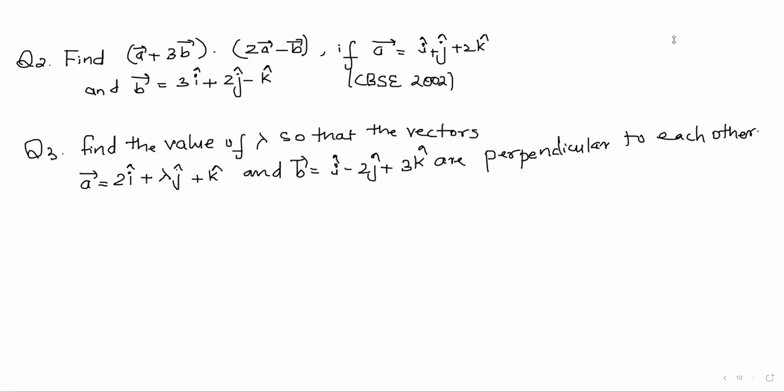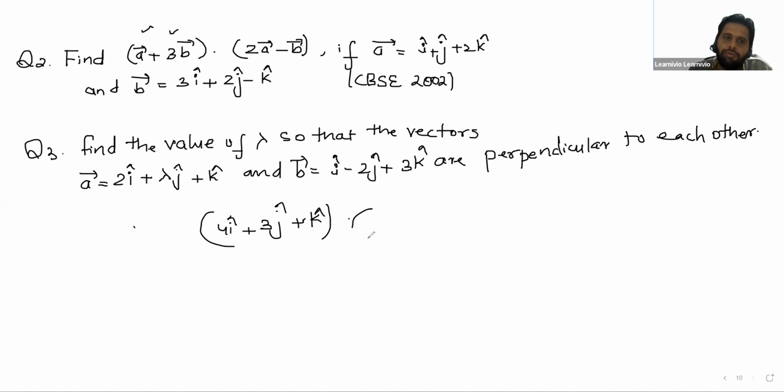Okay. You are not getting the final answer. Please check here. You need to find A plus 3B first. First of all, add these two. So that means I plus 3 is 4I plus 3J plus K cap. Dot product with, oh, sorry.